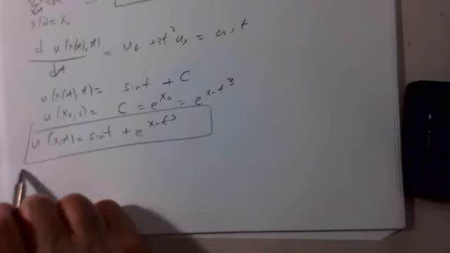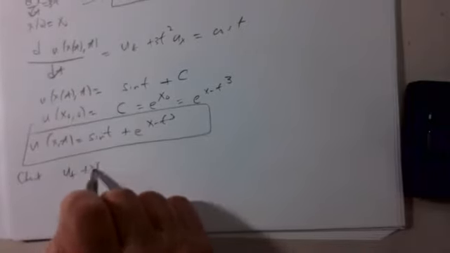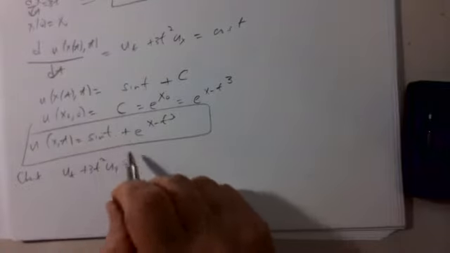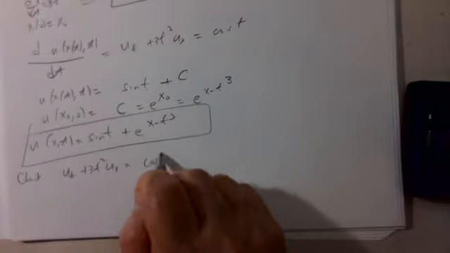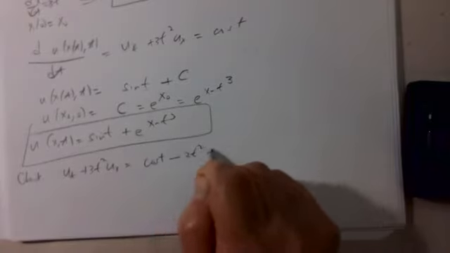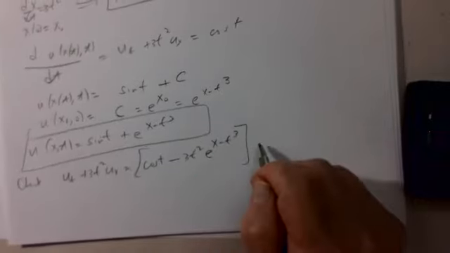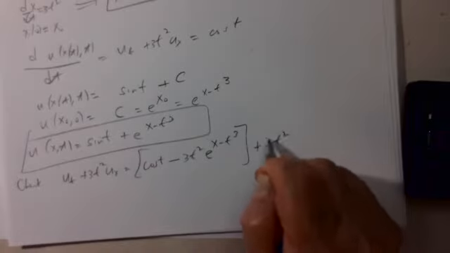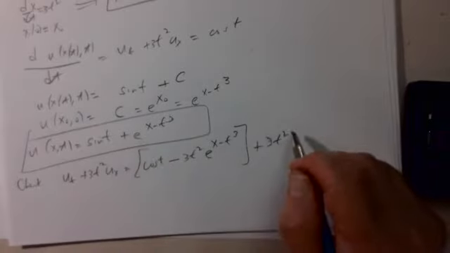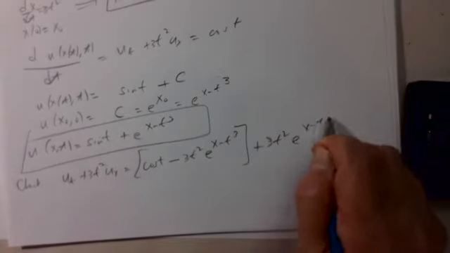Again, let's check. u sub t plus 3t squared u sub x is equal to what? When I differentiate with respect to t, I get cosine t minus 3t squared e to the x minus t cubed, plus 3t squared times the derivative of this with respect to x, which is e to the x minus t cubed.